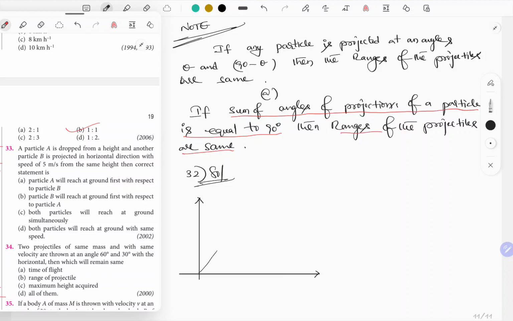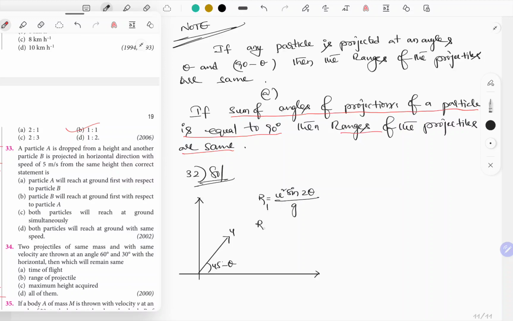Let's say one particle is projected with an angle 45 minus theta. So what's the formula for range? Range is equal to u square sine 2 theta by g, right?